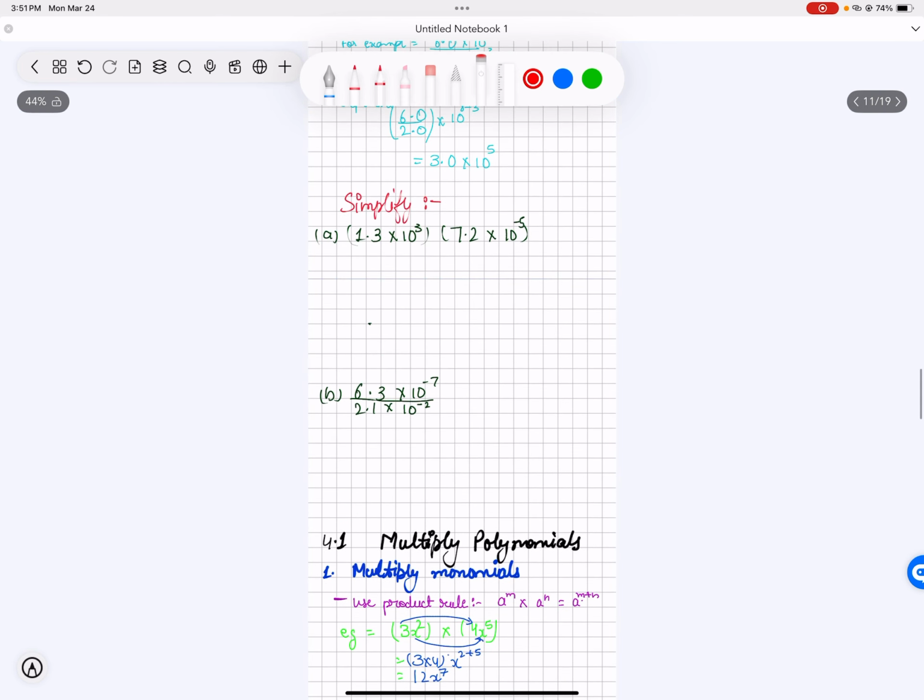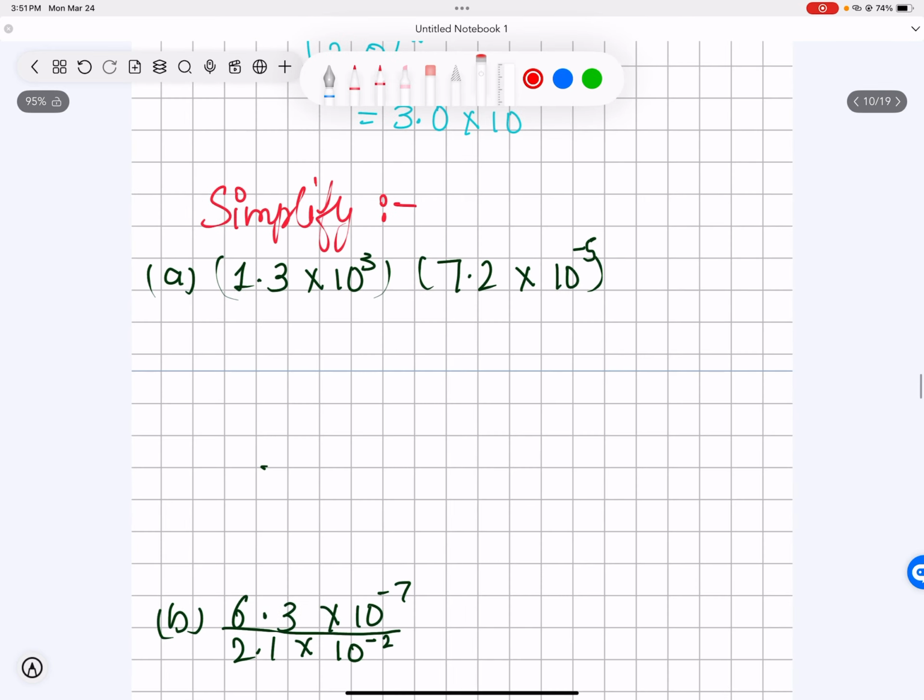Now I'm gonna try to do some examples for scientific notation. We are gonna multiply this first.